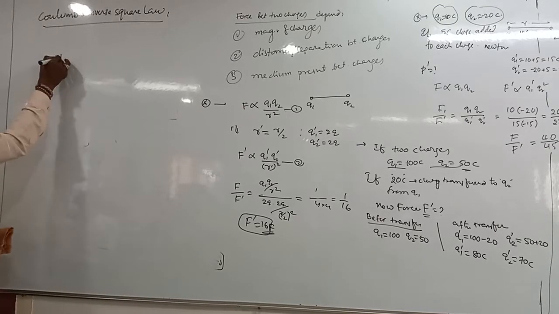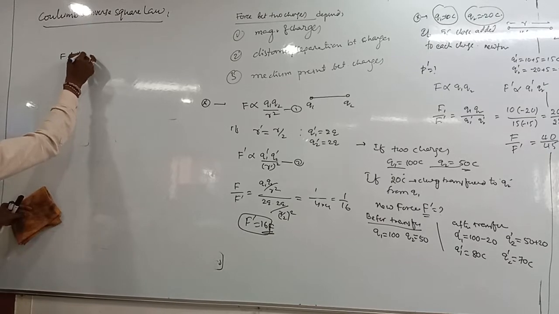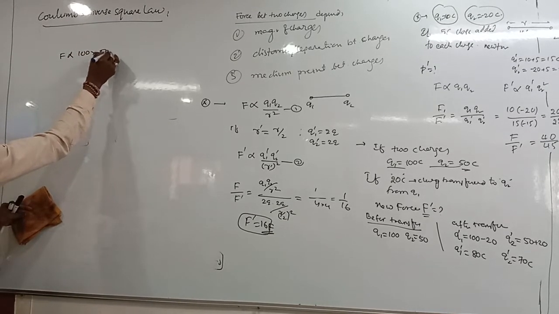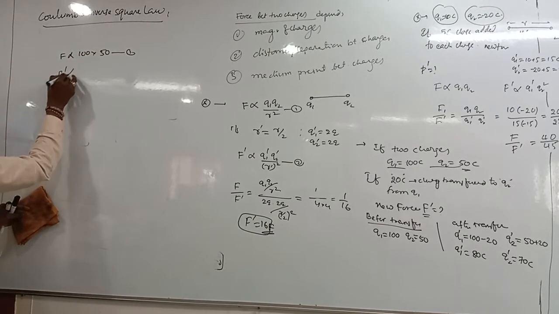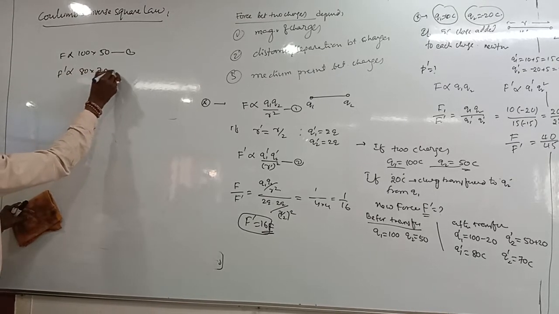F is directly proportional to the initial charges, here 100 into 50, and F dash is directly proportional to 80 into 70.